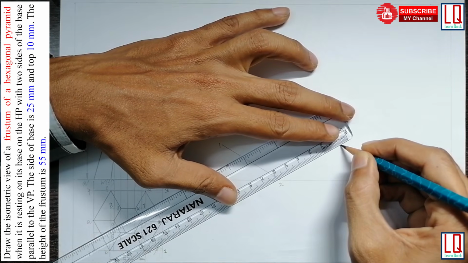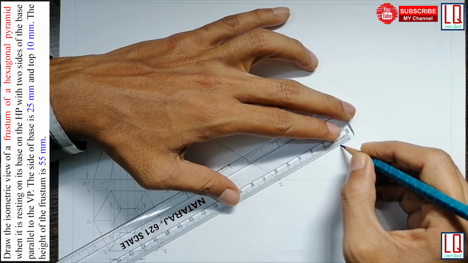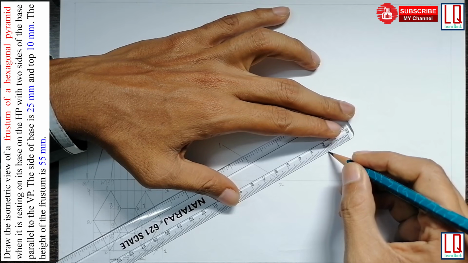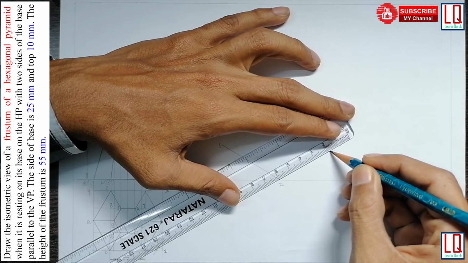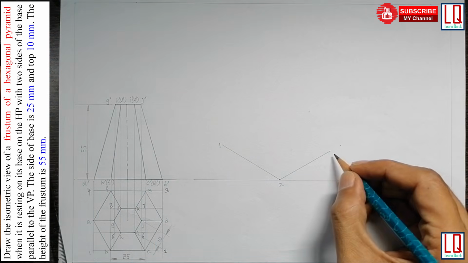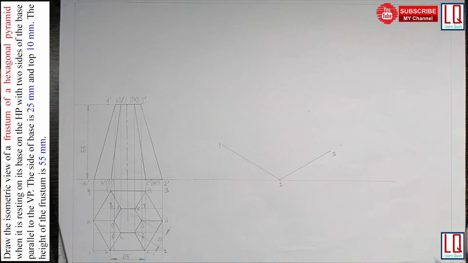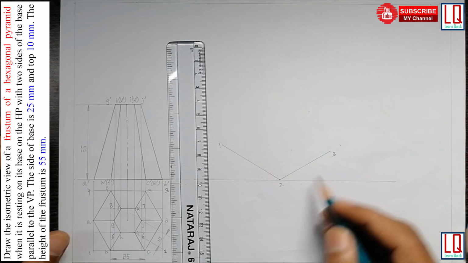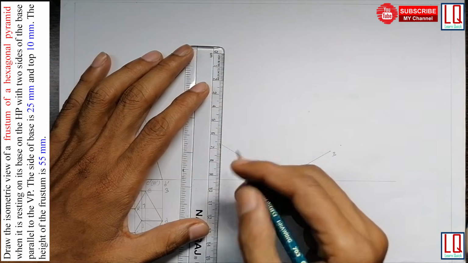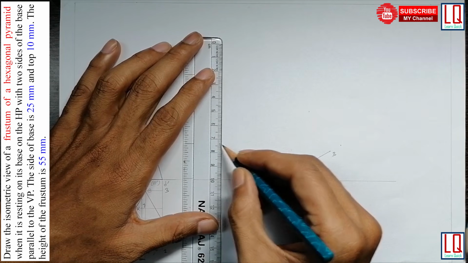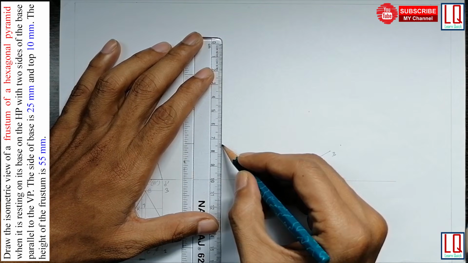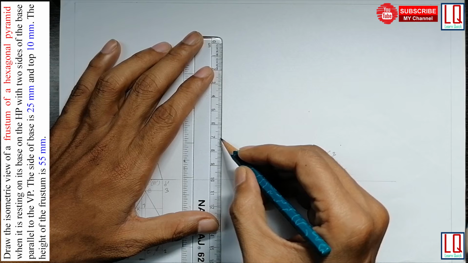Draw 43 mm here. And mark 3. So now in all the 3 points I am going to draw a vertical axis for 55 mm. So draw 55 mm.